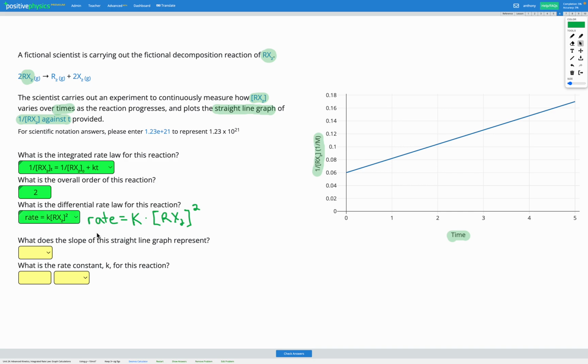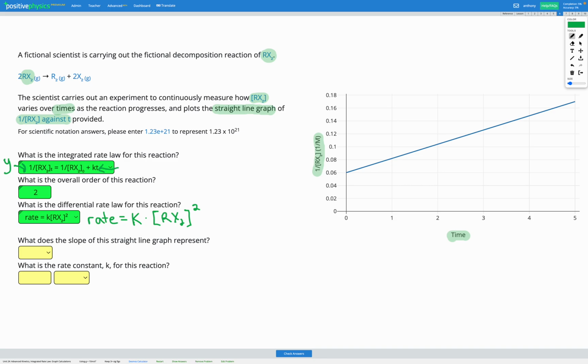There it is. Okay, so now we're trying to figure out the slope of our line, figure out what the slope represents, and use that to find the rate constant K. So, same as in the last skill, here's our integrated rate law equation. We need to map that onto y equals mx plus b. So the y is the 1 over Rx2 concentration at any time.